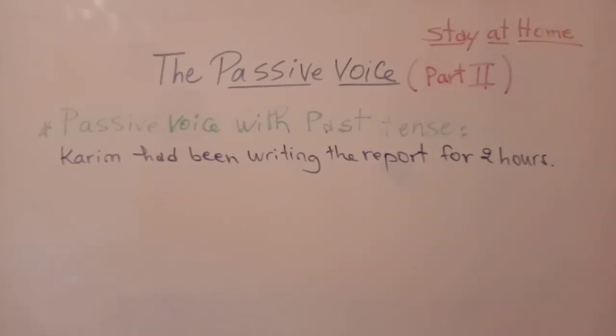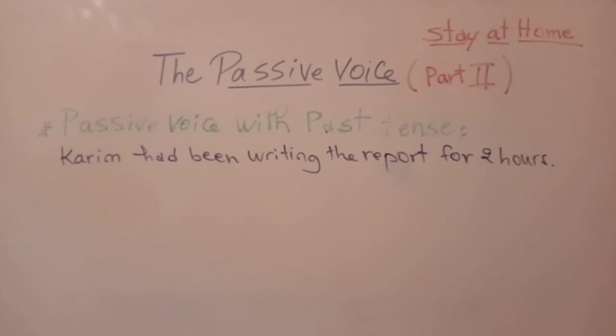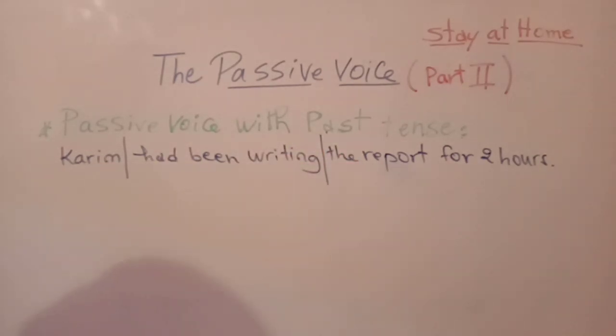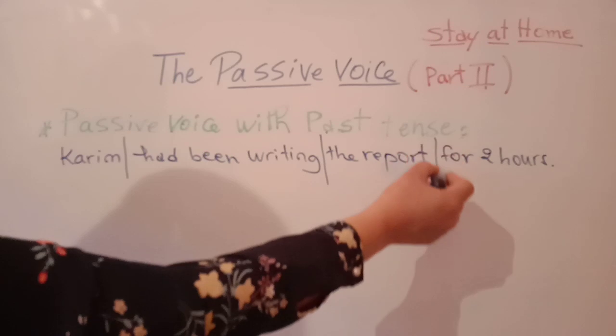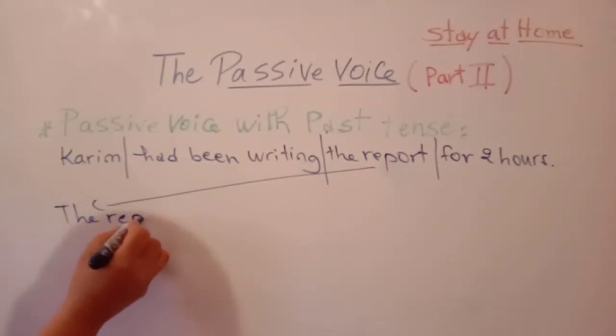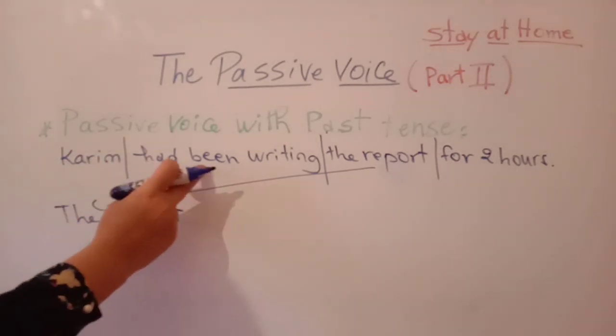The last example with past tense is Karim had been writing the report for 2 hours. So let's cut the sentence into subject, verb, and object. So Karim is the subject, had been writing is the verb. Then the object is the report. So the report becomes subject plus had been writing.